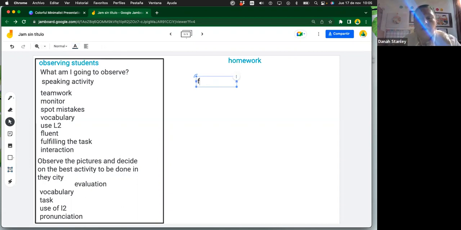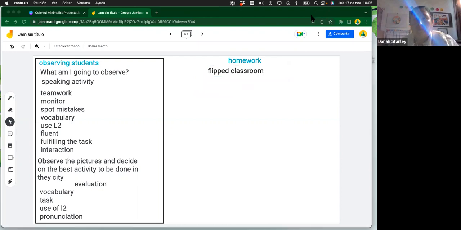an adaptation for flipped classroom. Do you know what flipped classroom is? Teachers, have you ever heard about flipped classroom? No?